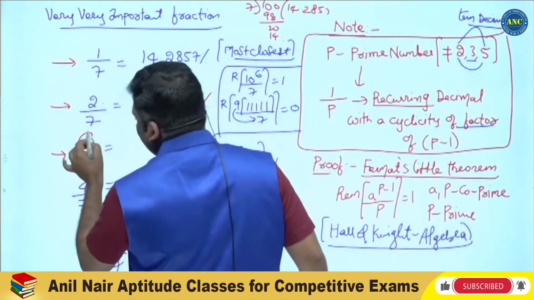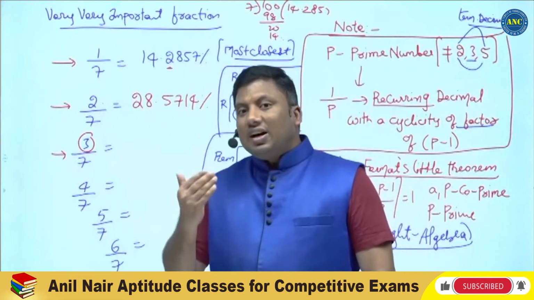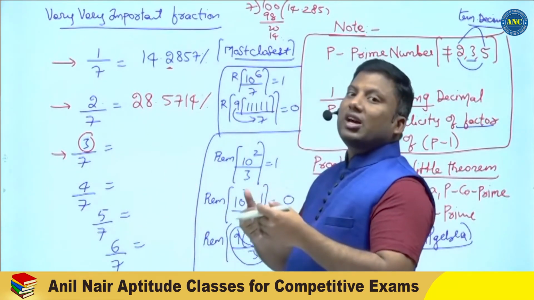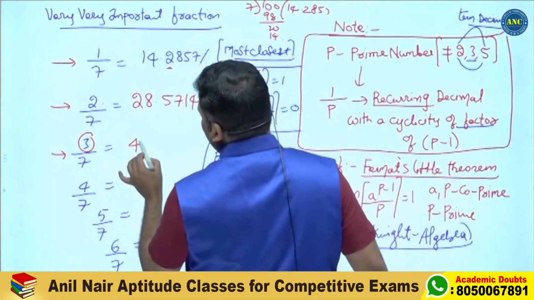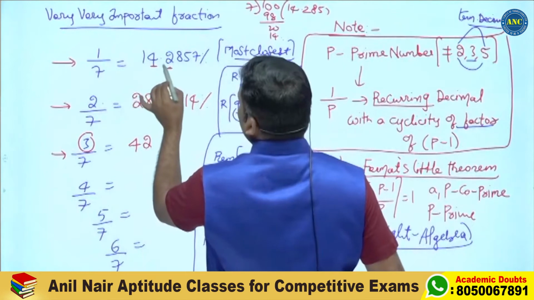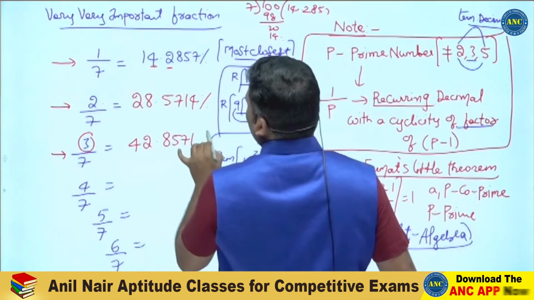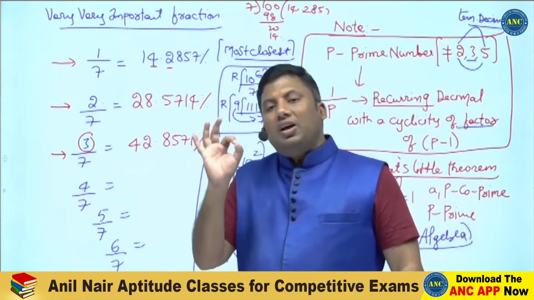Take the numerator 3, multiply by 10. 3 tens are 30. 7 goes how many times in 30? 7 fours are 28, 7 fives are 35. 4 times it will go. So write down this digit and the remaining digits in serial order: 42.8571. I hope you are all there with me.